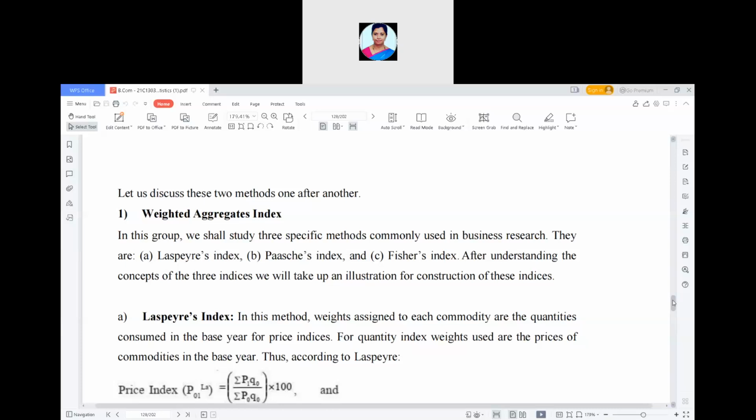According to Laspeyres, the price index is given by P01 equal to summation P1 Q0 divided by summation P0 Q0 into 100.